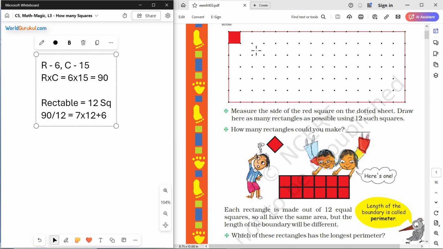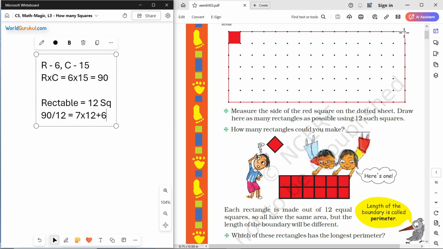It's a simple thing. You can check it other way. You see, we have counted rows 6. So one row will have 6 blocks, and another row you will have another 6. 6 plus 6, 12. So 2 rows you will have 12 squares. Like this we have how many columns? 15.